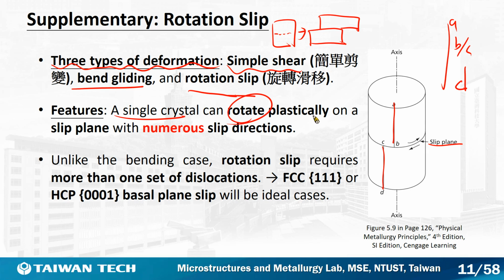And this slip plane must have numerous slip directions so that it can form this kind of rotation slip. So for example, like FCC 111 or HCP 0001 planes will be the ideal cases for the rotation slip.